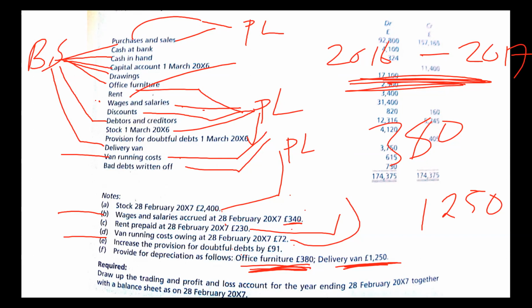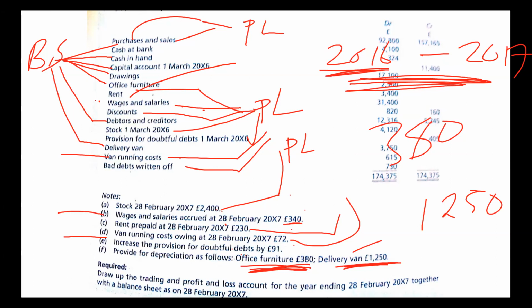What happens is that from the time you buy the asset, for example this delivery van, from the time it was bought many years ago, it was losing some value. When it reached 1st March 2016, they calculated and found the depreciation and recorded it in the trial balance.